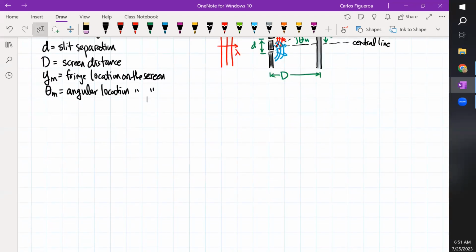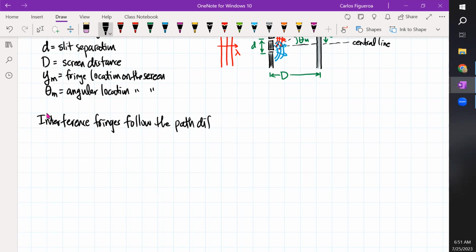So let's look at these locations here. The interference fringes follow the path difference equation.